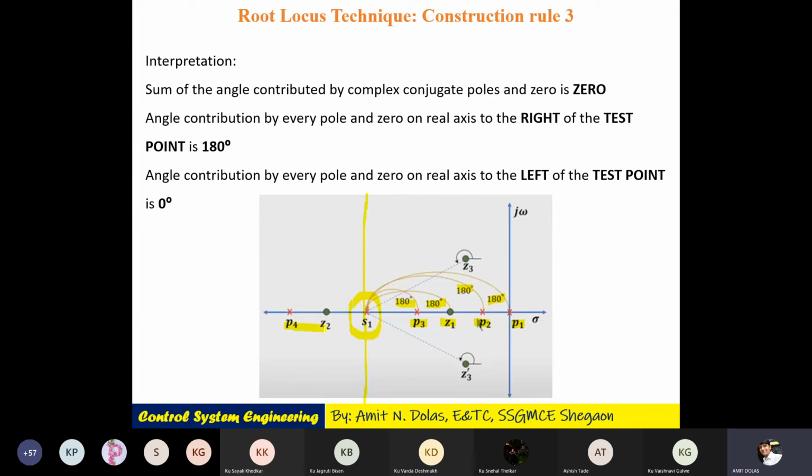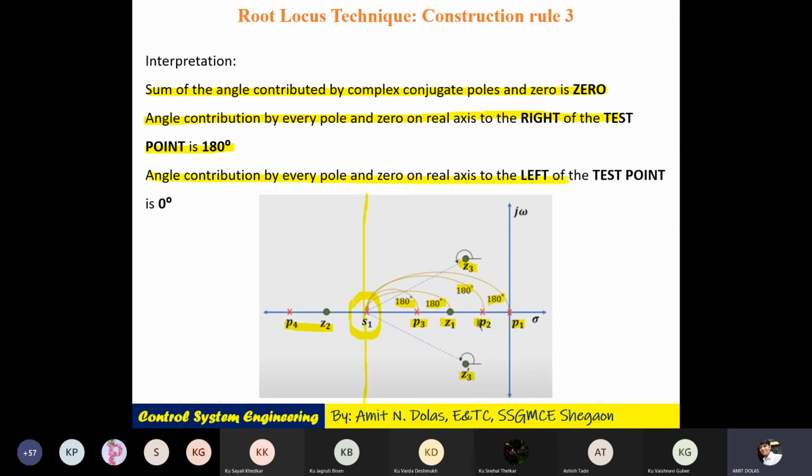What about the contribution of P4 and Z2? It will be 0. What about the contribution of the summation of Z3 and Z3 dash? It will be 0. So same values, same interpretation. The sum of angles of a complex conjugate pole pair is 0. The angle of a pole or zero to the right of the test point is 180. So how many 180s do we have? 1, 2, 3 and 4.